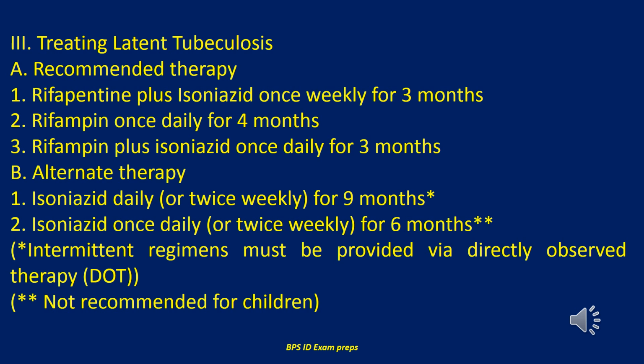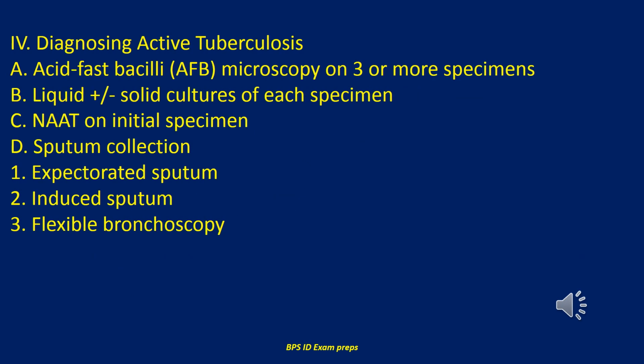Isoniazid daily, or twice weekly, for 9 months ***, and 2. Isoniazid once daily, or twice weekly, for 6 months ***. Intermittent regimens must be provided via directly observed therapy. Not recommended for children.